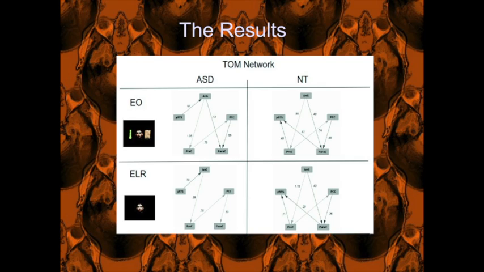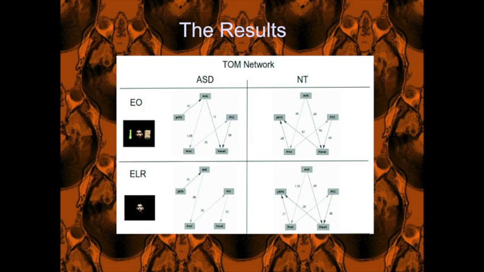The individuals with ASD did not differ significantly from the neurotypicals. However, if you look at the TOM network, the theory of mind network, you see something very, very different. The edges are missing, the edges are in different orientations. It's completely different.